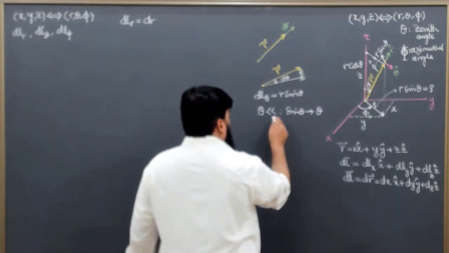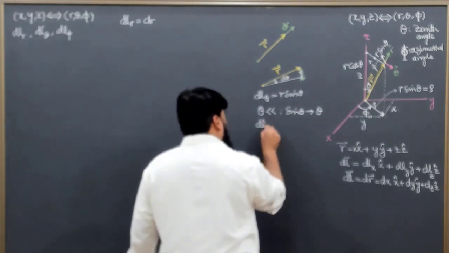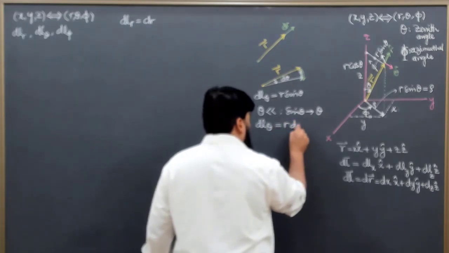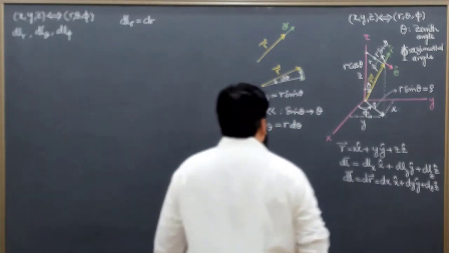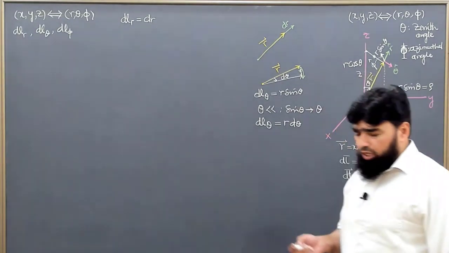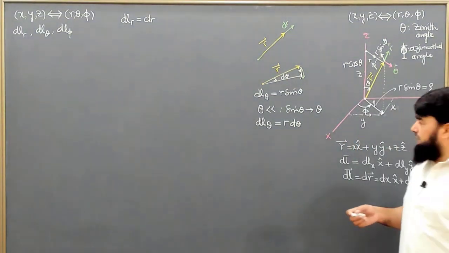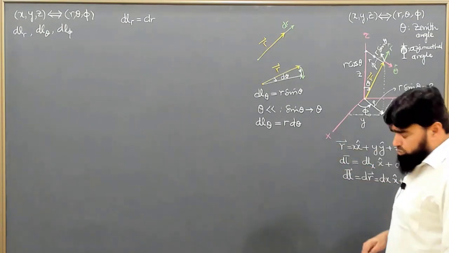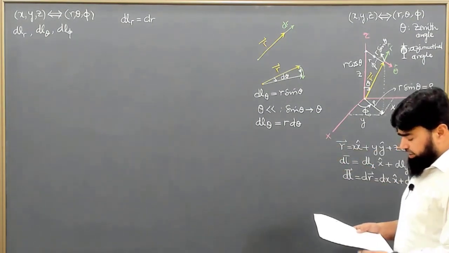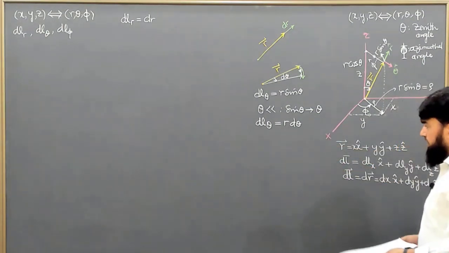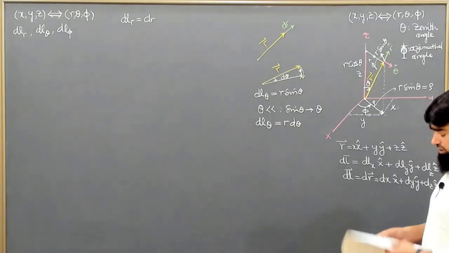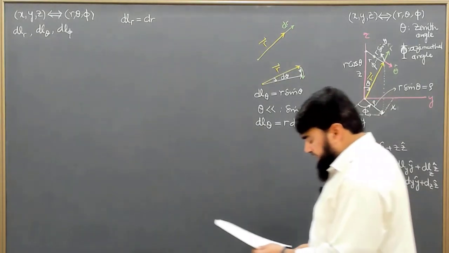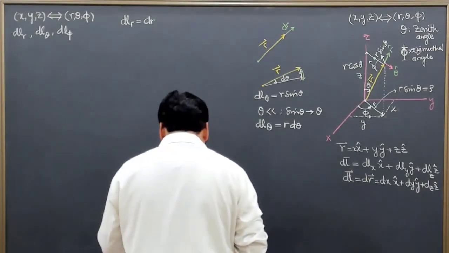So the dl theta will come out to be r d theta. We usually write s equals r theta, which is the arc length, and that is also due to this condition that for theta very small, sine theta goes into theta.